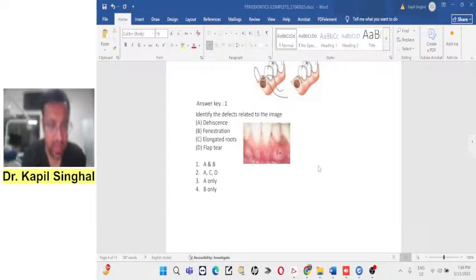So it could be both A and B if he is asking about both the things. If he is asking about the marked one, it would be B. So I don't know exactly what was the option, what he has asked, but you know how to differentiate between dehiscence and fenestration, and accordingly mark this answer. Okay. If he's asking about this arrow mark thing, that is fenestration.